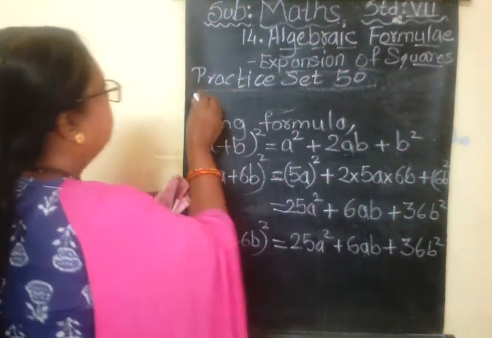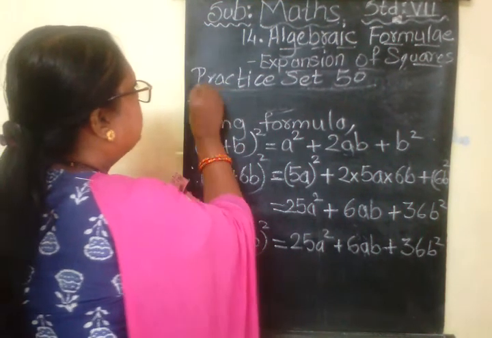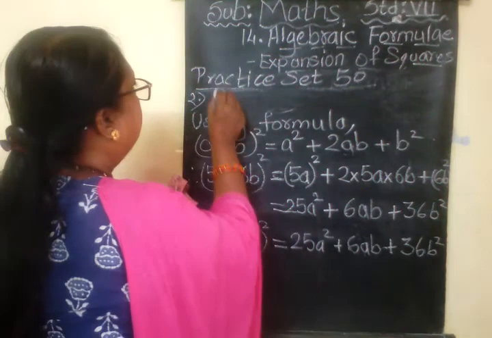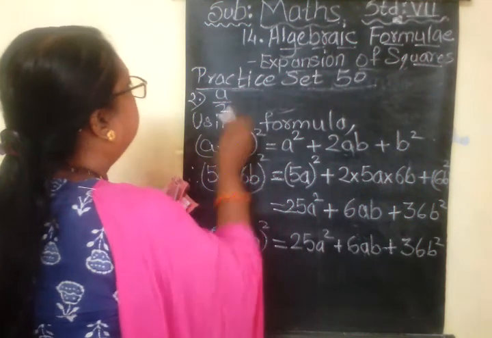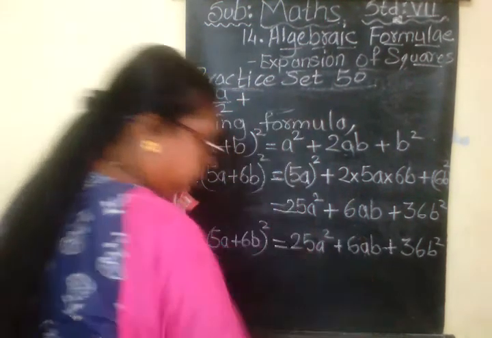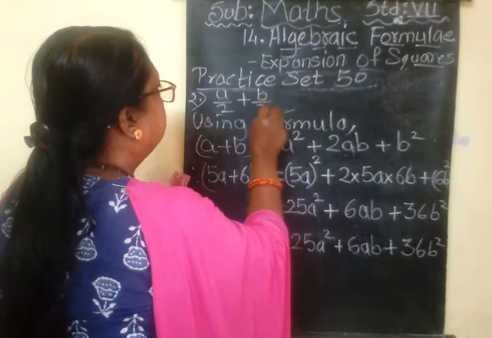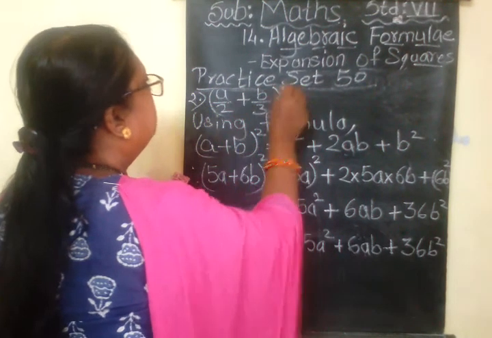Second question. What is the second question? Let us see. a upon 2 plus b upon 3 the whole square.